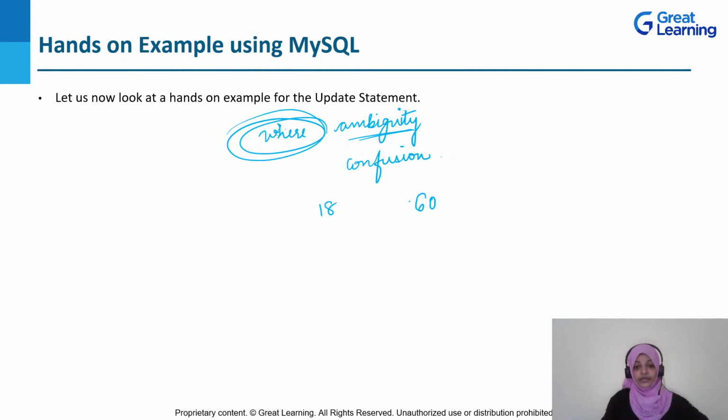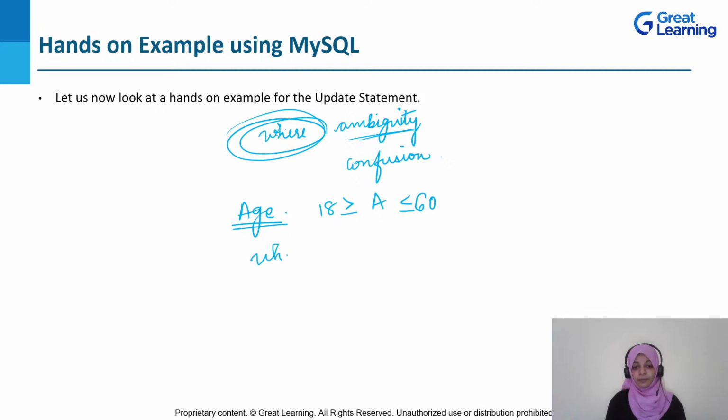Let's take an example and understand this. We've got an age, and I want to select all of those records where the age is between 18 to 60. So ideally the age should be greater than or equal to 18 and less than or equal to 60.